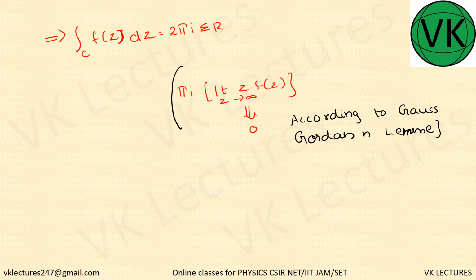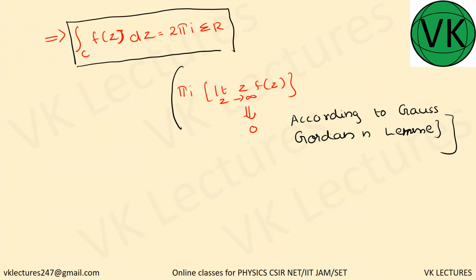So the equation has turned out like this: integral over c f of z dz is equal to 2 pi i summation over residue, if the poles don't lie on the x-axis and it contains, that means it is an imaginary.